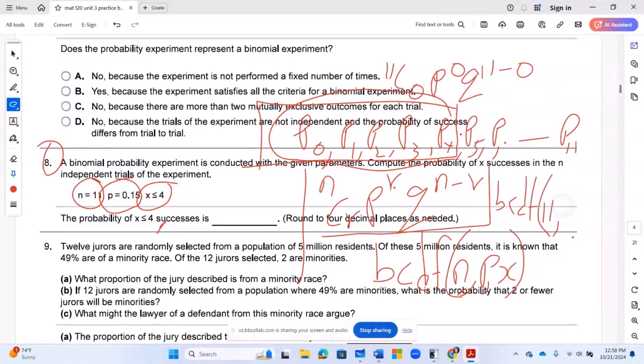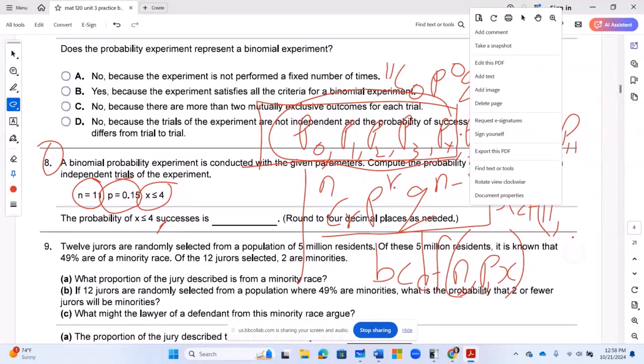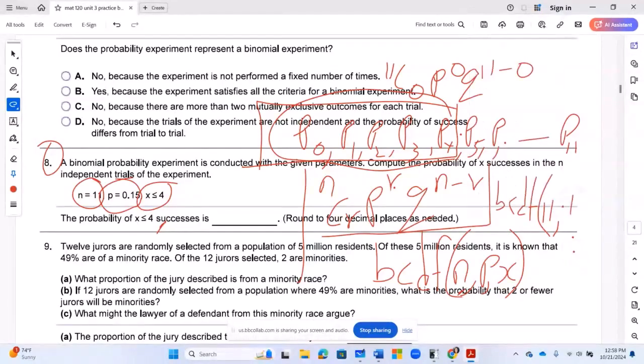You can't write it in percent. Success must be in decimal, 0.15. I'm accumulating from 4, where 4 is inclusive, because it says less than or equal to 4. So I'm going to write 4 there, and then I will use binomial CDF. So I'm going to tell my calculator what to do.